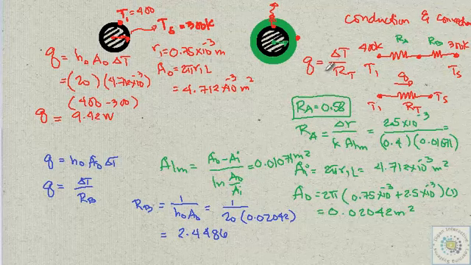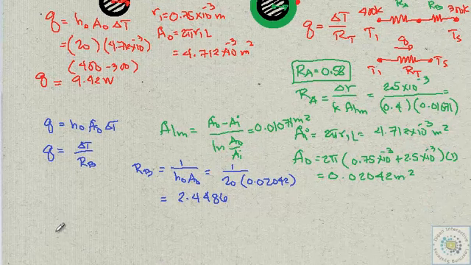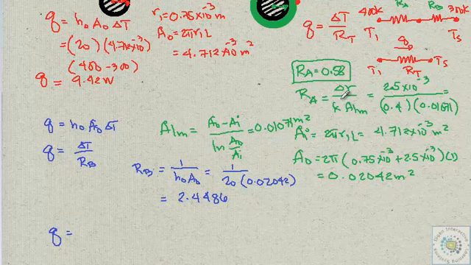That's why, in this case, let's finalize our answer. Q will just be delta T over R. Let's calculate R total first. R total will be equal to RA plus RB. RA is 0.58, RB is 2.4486.